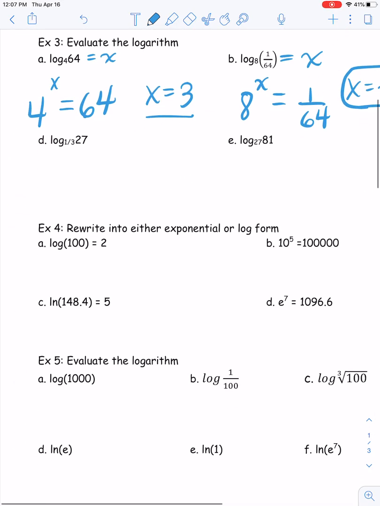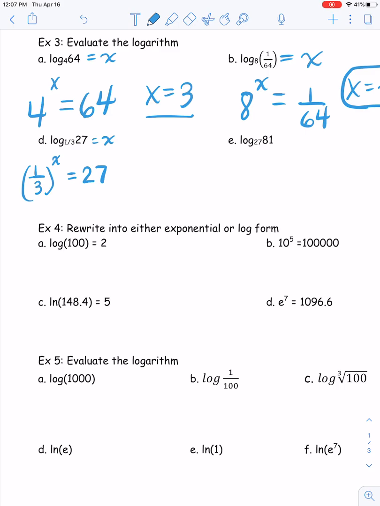Okay, continuing with this process, log base 1/3 of 27 equals something. So I'm going to just continue this form of rewriting it. So this is my base of 1/3 raised to some power is going to give me 27. Well, again, I know it needs to be a negative number because I need to reciprocate that 1/3 into a whole number, a number bigger than 1.